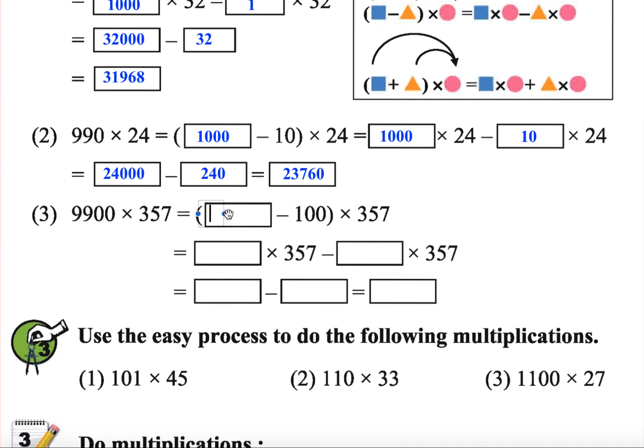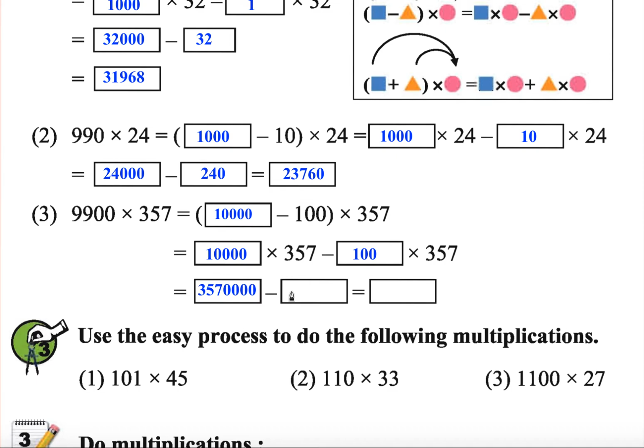Okay, what about this? This is 10,000. 10,000 minus 100 into 357. This is 10,000 and this is 100. Then 357 with how many zeros? 4 zeros. 1 2 3 4.